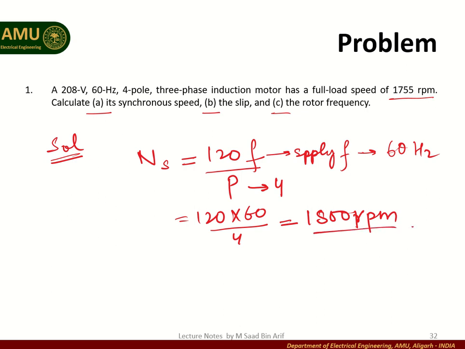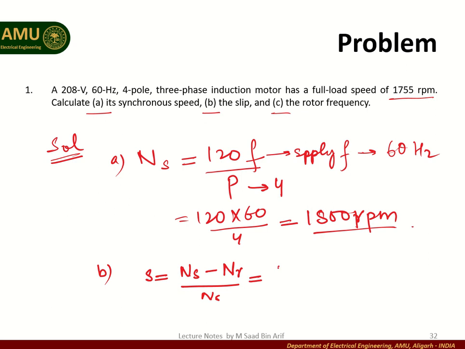Okay, very simple. Now the second thing you have to calculate is slip at full load. As we know, slip is defined as synchronous speed minus speed of the rotor at full load, upon synchronous speed again.